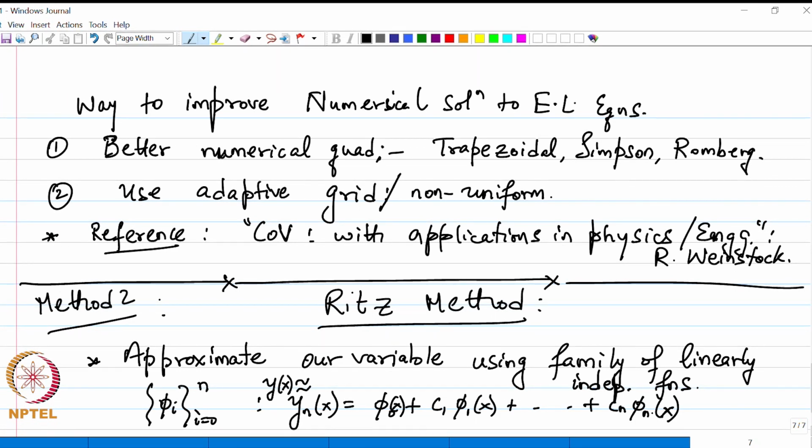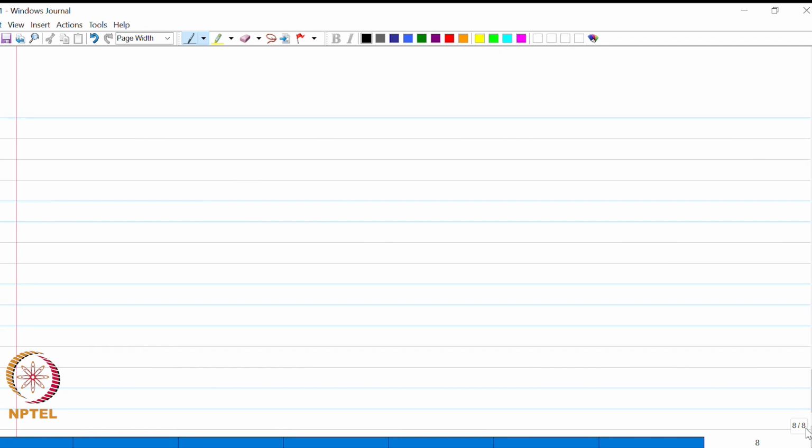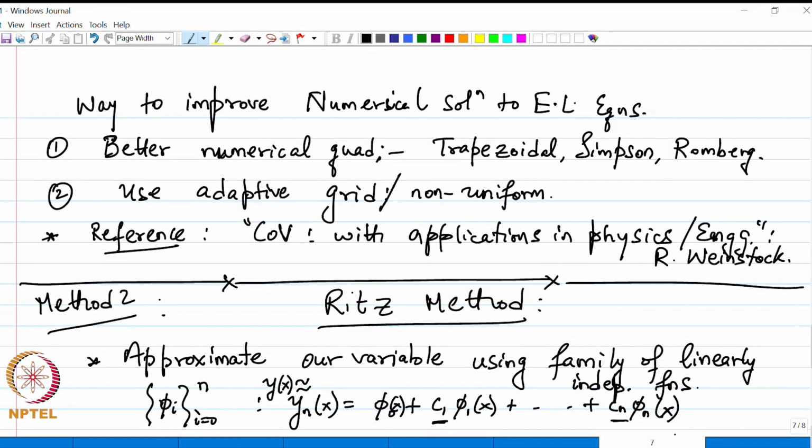Okay. So, this sort of approximation again reduces the problem from functional optimization to a problem of function optimization, where the unknowns now are these constants C1 to Cn. Let me call this point number 1.